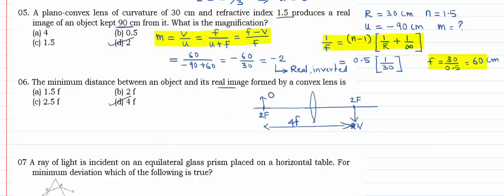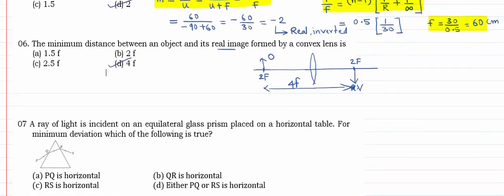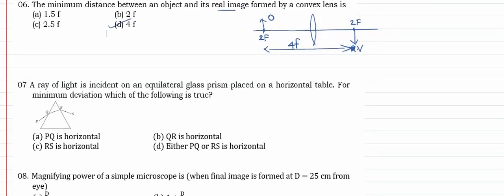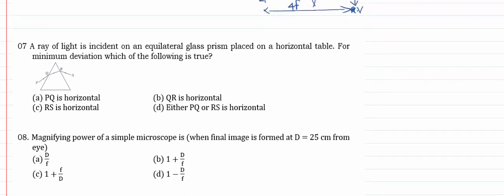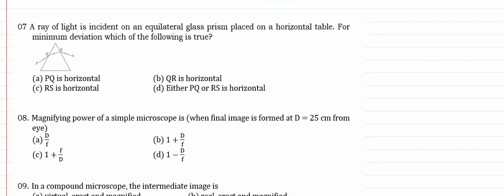Clear adare? Next ತಗೊಂಡ್ವಿ. A ray of light is incident on a equilateral glass prism placed on a horizontal table. For minimum deviation antana. So for minimum deviation, which of the following is true? PQ is horizontal, QR is horizontal, RS is horizontal, either PQ or RS.